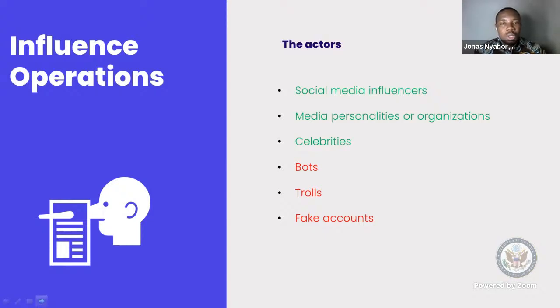And so if somebody wants to run a campaign, they can target media personalities or media organizations, because when you approach them and say you want them to share this information, if they agree with it, they are going to share it without even thinking whether the particular information you are sharing is true or false. They will most likely share it because, per their biases, they agree with it.